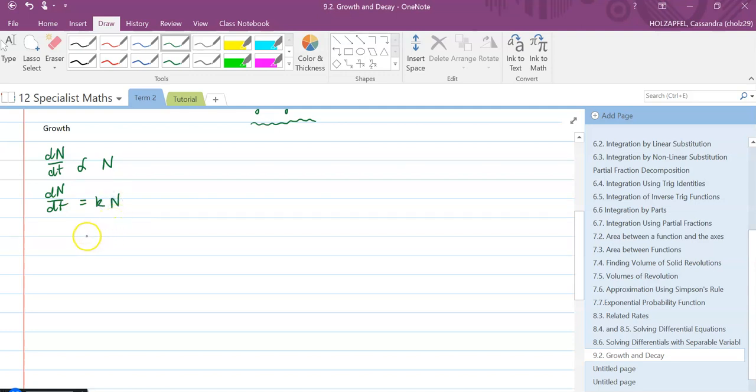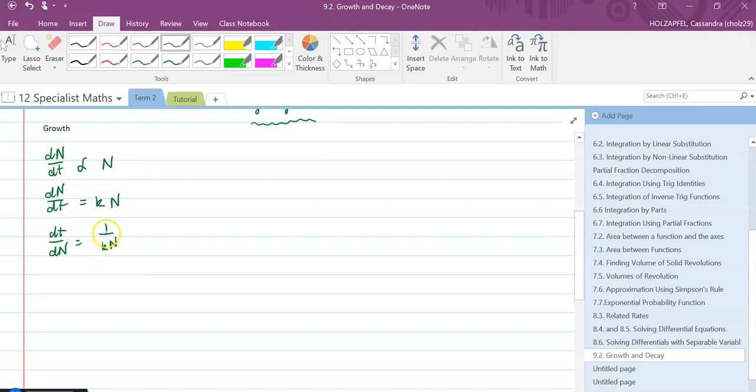So now let's go ahead and solve this first order differential. Just like we saw in the previous example, the first thing I'm going to do is differentiate with respect to n, so I'm going to flip my derivative. So I have dt/dn is equal to 1/kn.